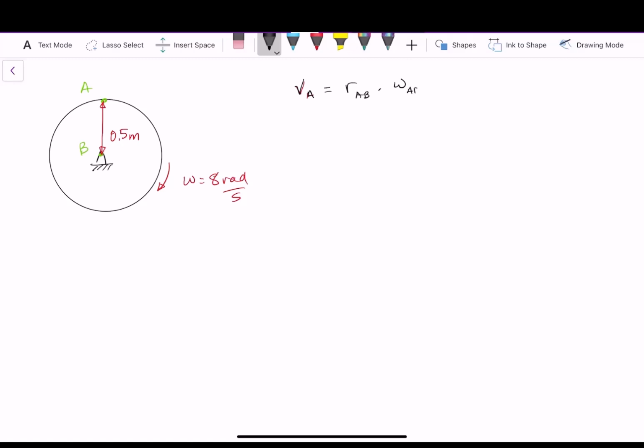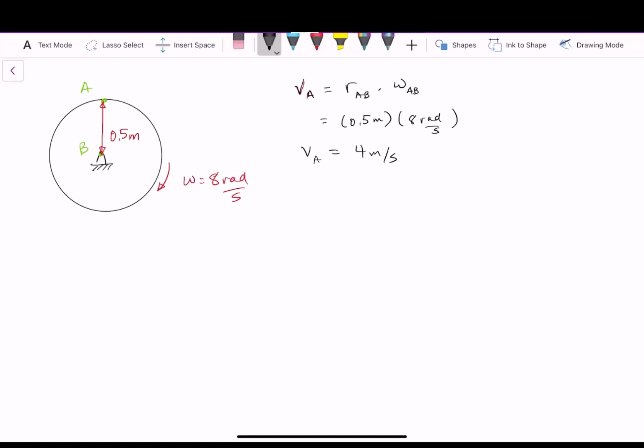So we can say angular velocity of AB or angular velocity A, but just be aware that, of course, any point on that disk has the same angular velocity. So we can calculate that because we have half meter for a radius, we have 8 rads per second for the angular velocity. So this gives us a velocity at point A of equal to 4 meters per second.